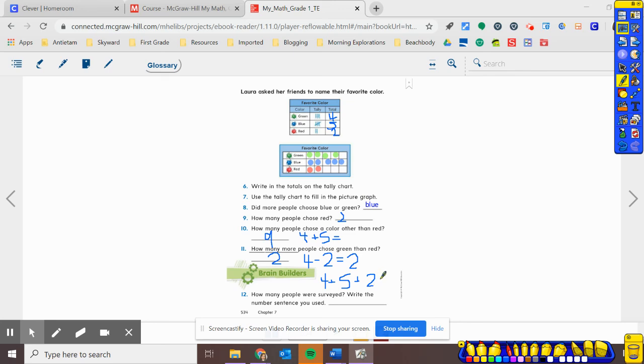My plus signs are a little silly right now. Let's see what that equals. So 4 plus 5 equals 9. We already added that together. Plus 2 more. So what's 9 plus 2 more? Let's count up together. Ready? 9, 10, 11. So 11 is how many people were surveyed in all.